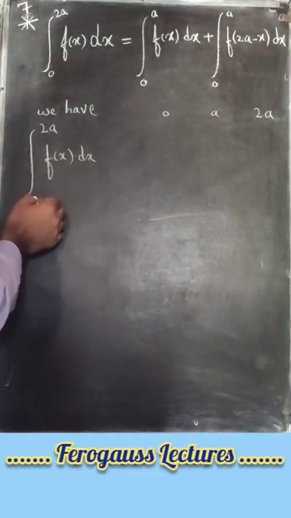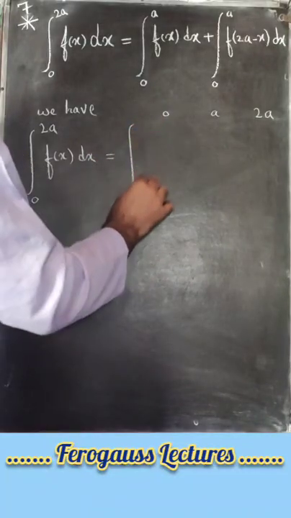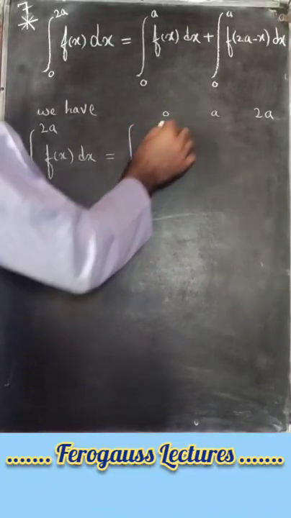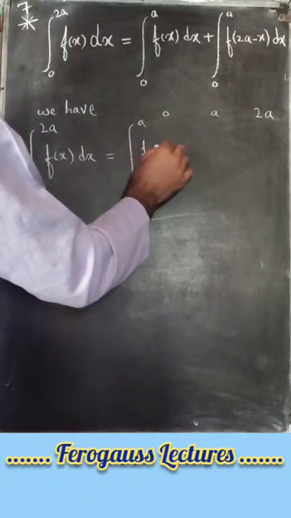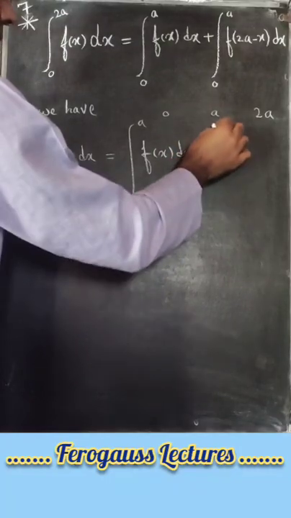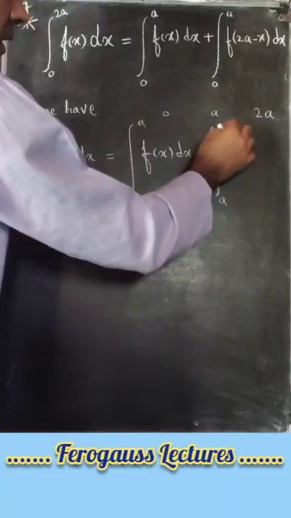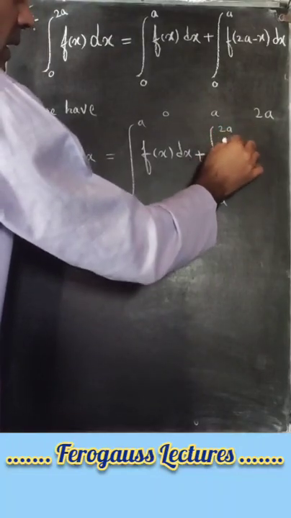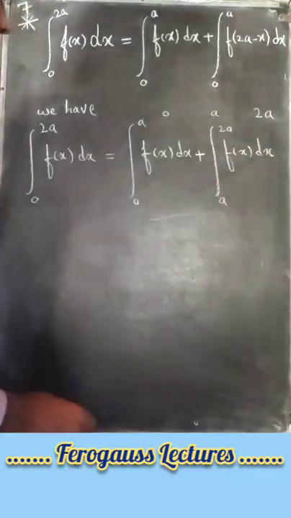Now we can write this integral as integral 0 to a of f(x) dx plus integral a to 2a of f(x) dx.